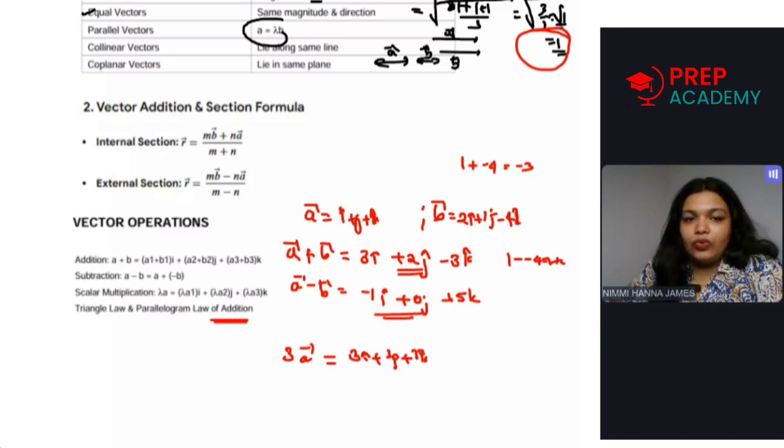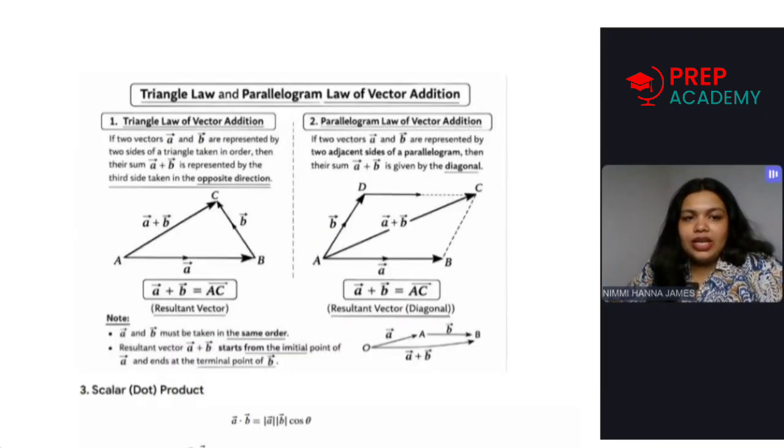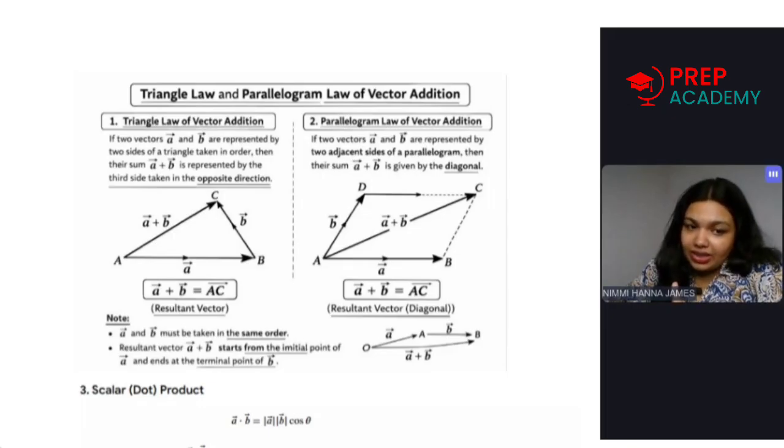Now we have the triangle law and parallelogram law of addition. Triangle law means this is a triangle, and if A vector and B vector represent two sides of a triangle, then we can find the third side of the triangle just by adding them.